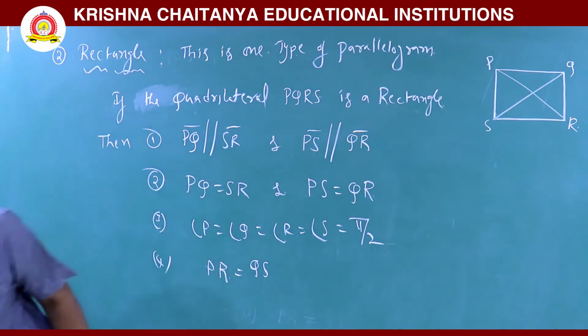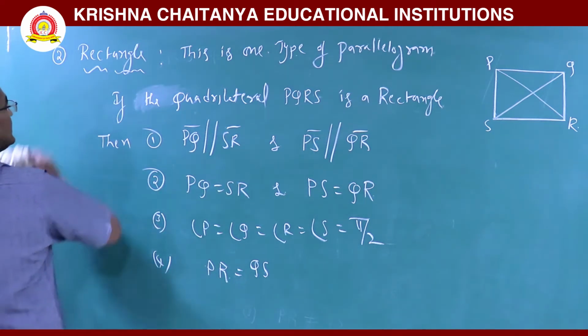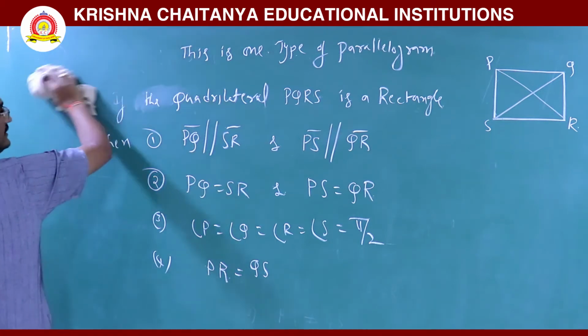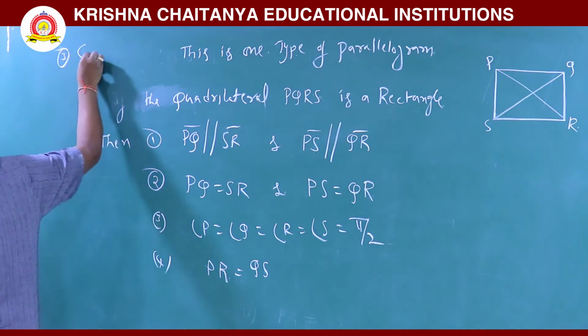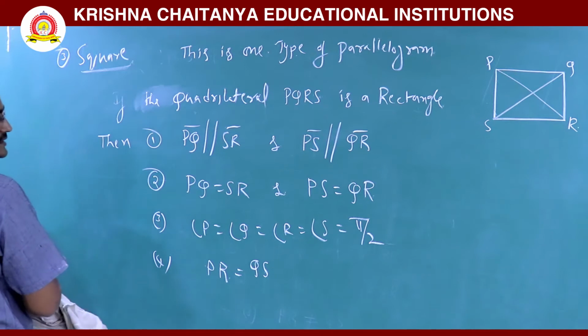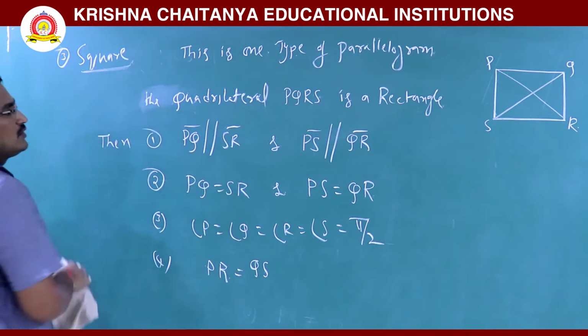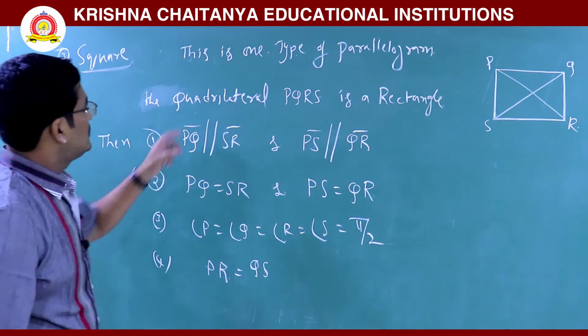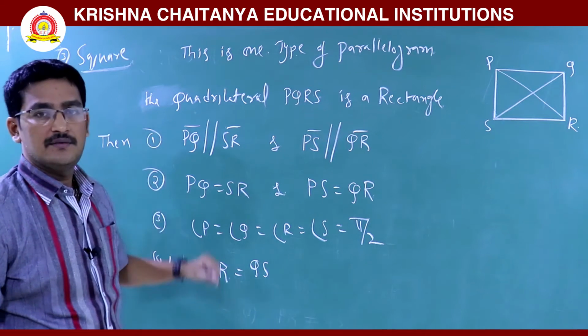Next, one more form of the quadrilateral, that one is square. See, what about square? Square is also one type of parallelogram with four sides equal.